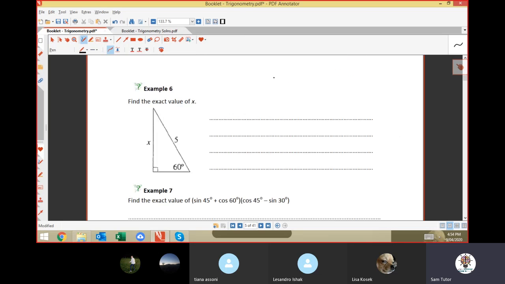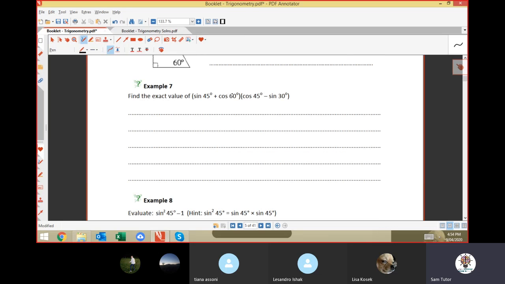So here it says find the exact value of this. So if you guys want to do it with me, sine 45 becomes 1 on root 2. Cos 60 just becomes half. Cos 45 becomes 1 on root 2. Sine 30 becomes half.